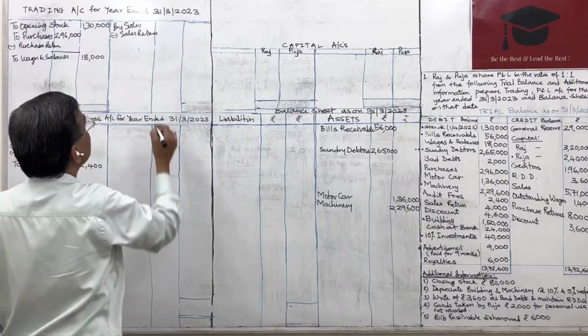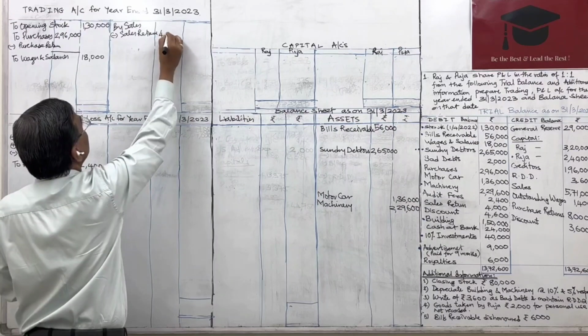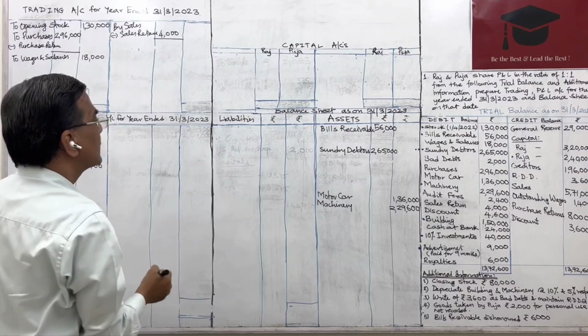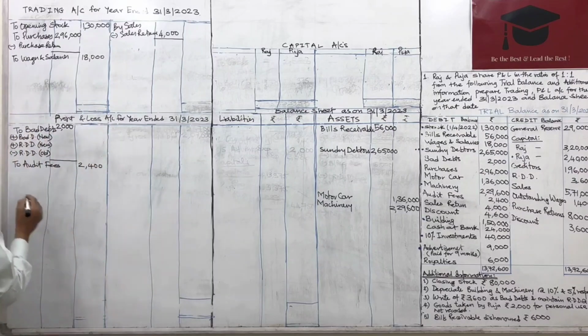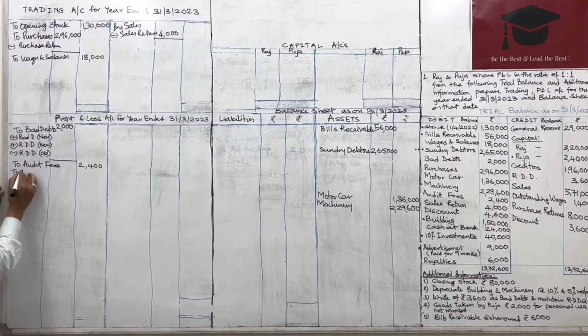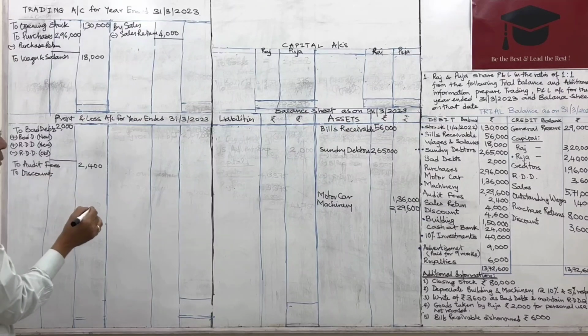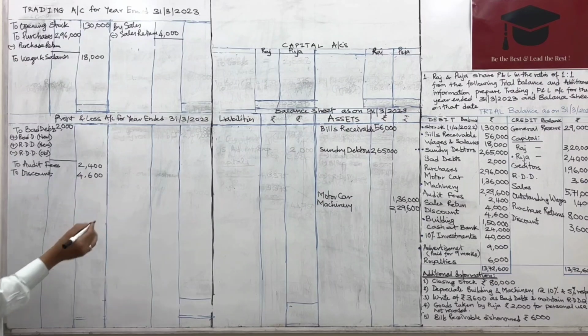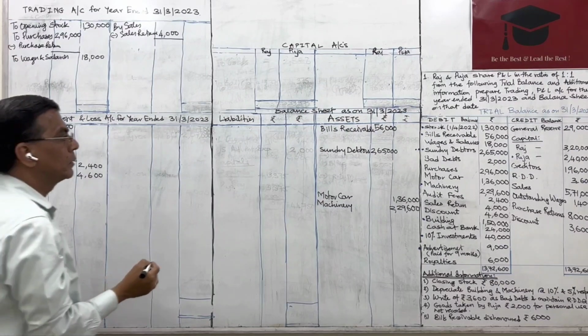And the amount of sales return 4,000. Next, discount, that's on the debit, therefore it will be debited to profit and loss, to discount, 4,600. We also term it as discount allowed.